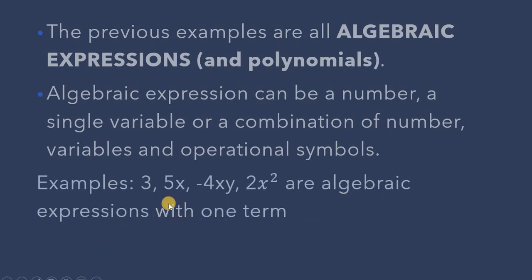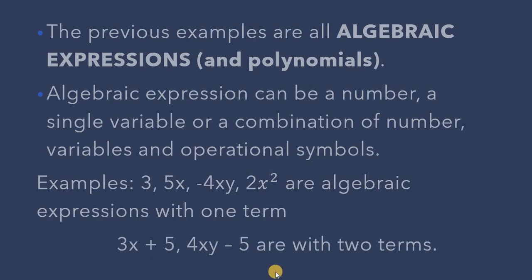Lahat ay examples ng algebraic expressions with one term. 3, 5x, negative 4xy, 2x squared. Lahat ito ay algebraic expressions na isang term lang. Okay? Bakit? Kasi wala siyang addition or subtraction. Okay? Na nasa pagitan ng mga numbers or ng mga variables.